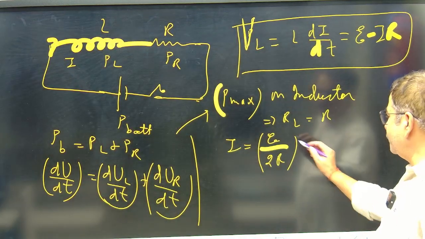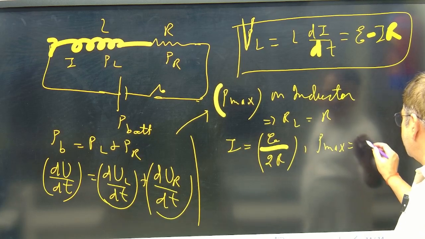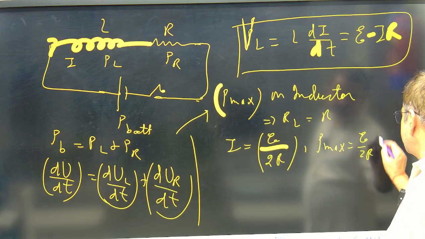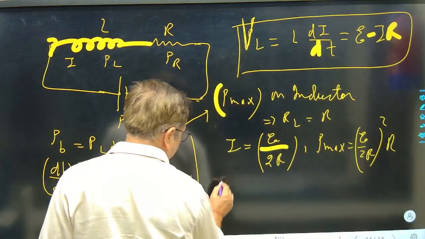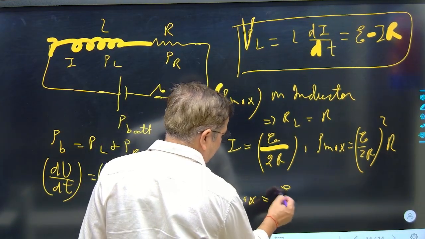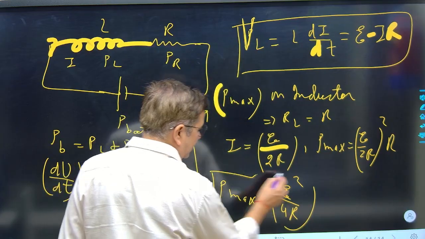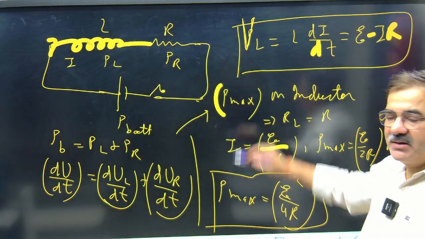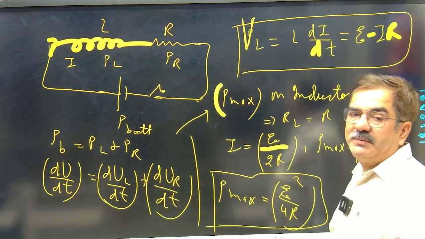In this case the power is maximum: E by 2R whole squared into R. Similar to the case we did for the RC circuit, it is E squared upon 4R, meaning the maximum power is generated in the circuit when load resistance and inductor resistance are equal.